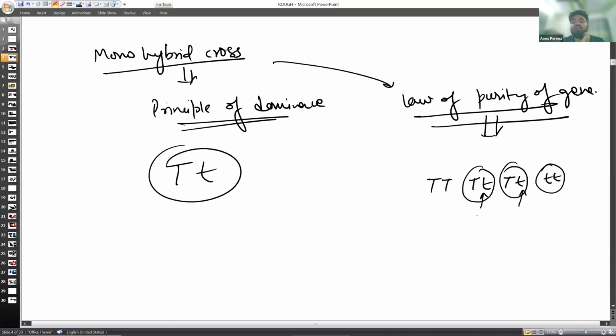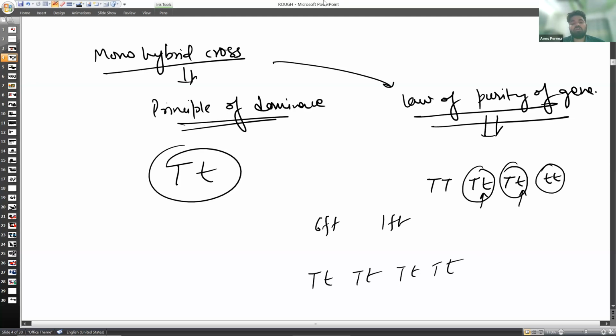We are not getting 3.5 feet plants, or an average plant. We had 6 feet plants in the F1 generation from crossing tall with dwarf, and all had a capital T and a small t.